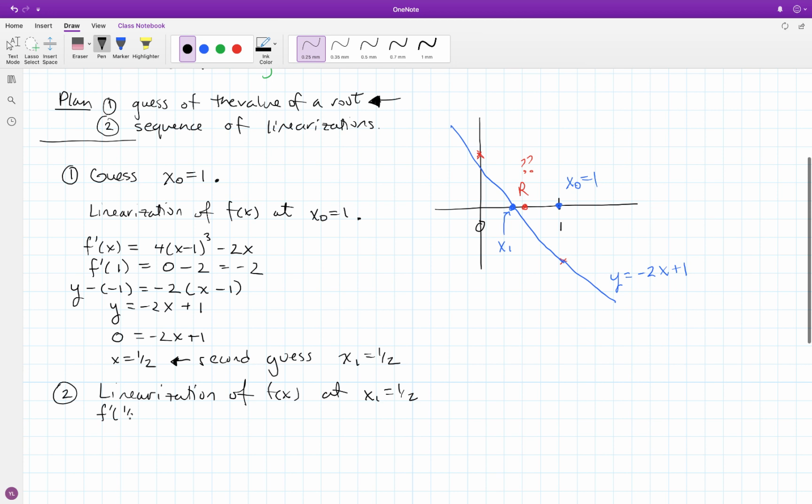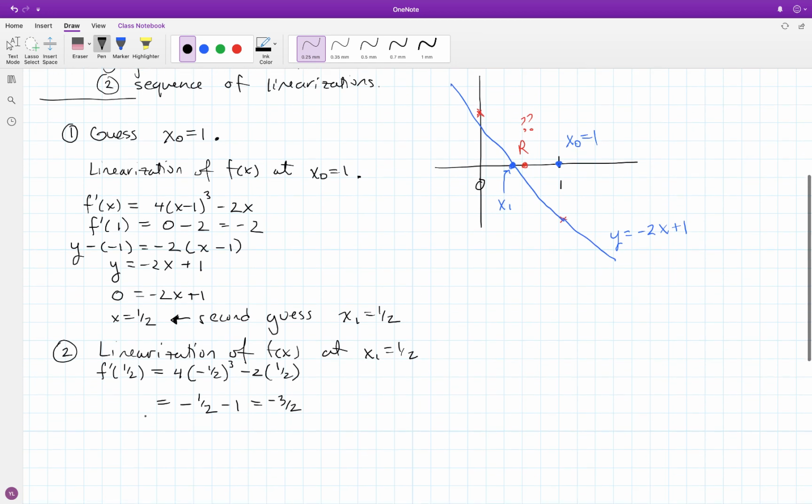I can now plug in 1/2 to get the slope. So I have 4 times 1/2 cubed minus 2 times 1/2. Let's see what I get. So this is negative 4/8, and here I have minus 1. So this is negative 3/2. That's the slope of the second tangent line that I'm doing right now.